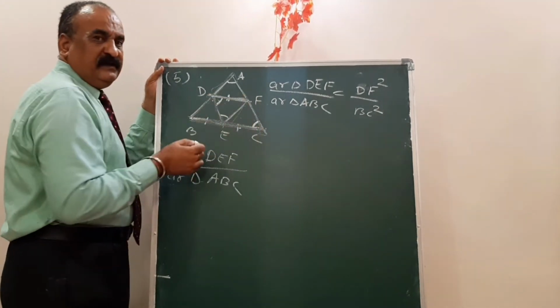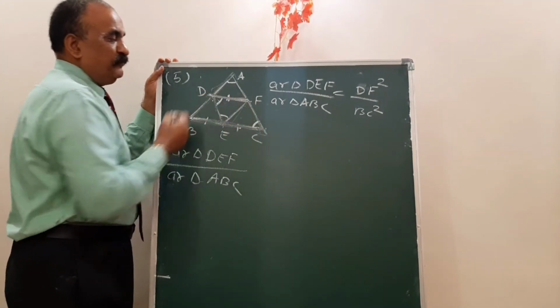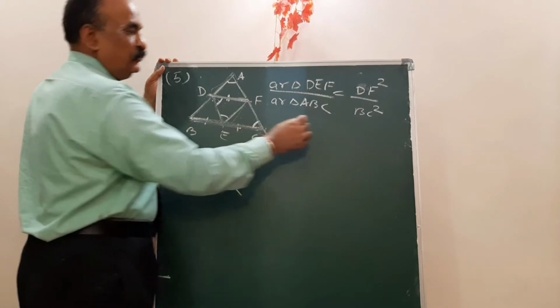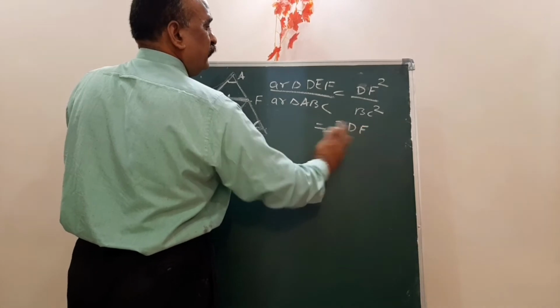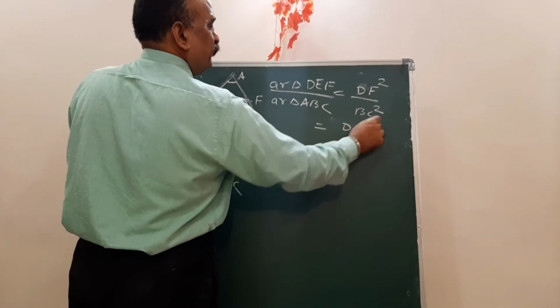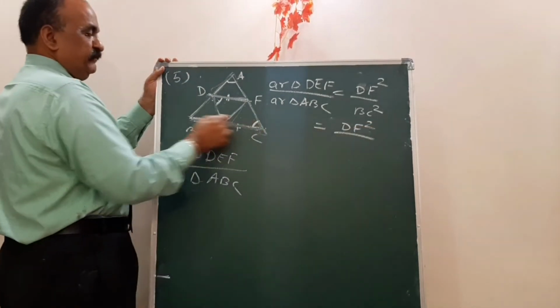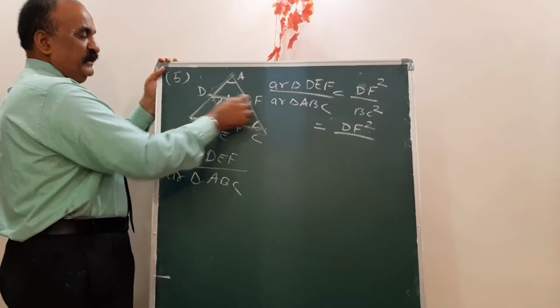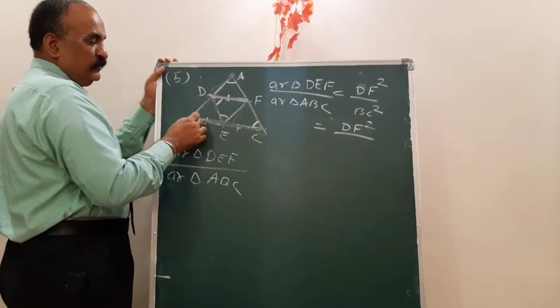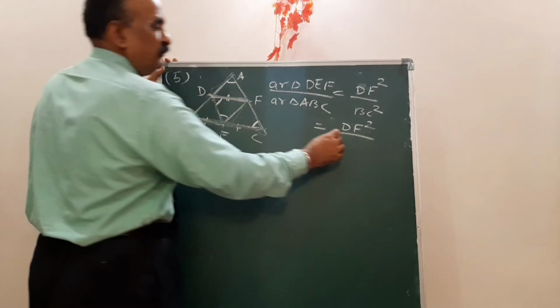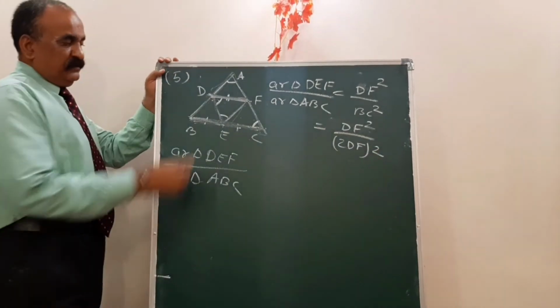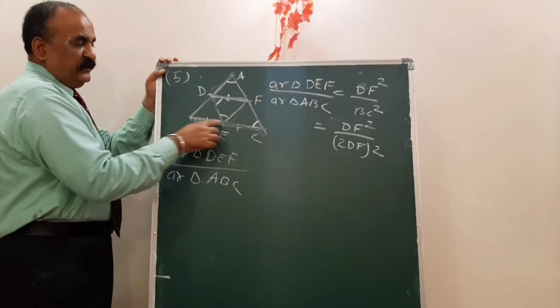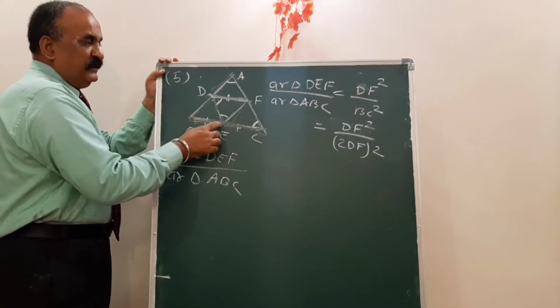And DF is half of BC. It means you can say if you get the double of DF, you will get BC. So you can write here DF whole square upon BC. It means you can write this side and this side is equal. It means in place of BE you can put DF. 2DF whole square. BC is twice of BE and BE is equal to DF.